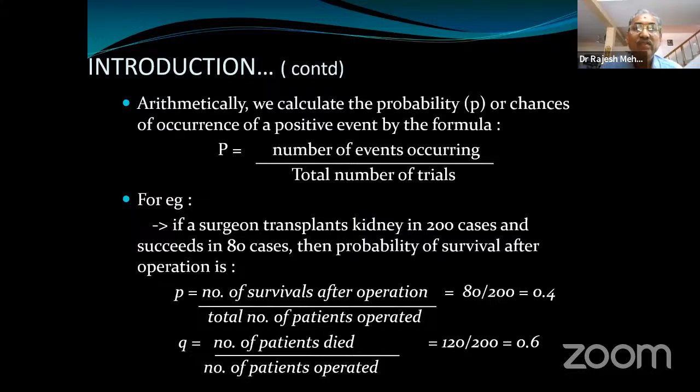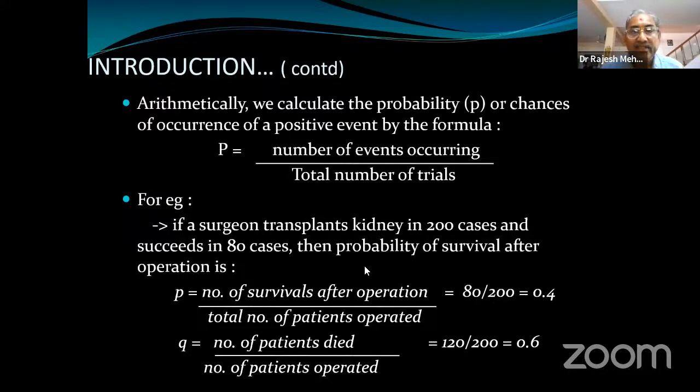Suppose out of 1,000 patients of cancer, 400 patients survived beyond 5 years. We'll say that the 5-year survival rate is 400 out of 1,000. That is 0.4 is the probability of 5-year survival.